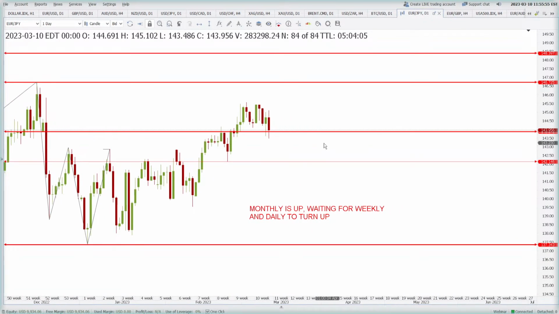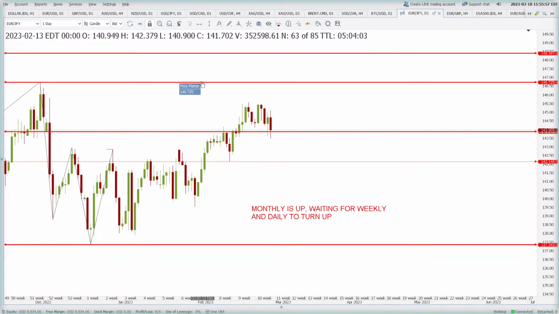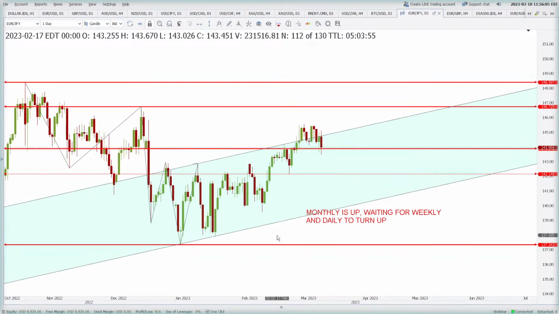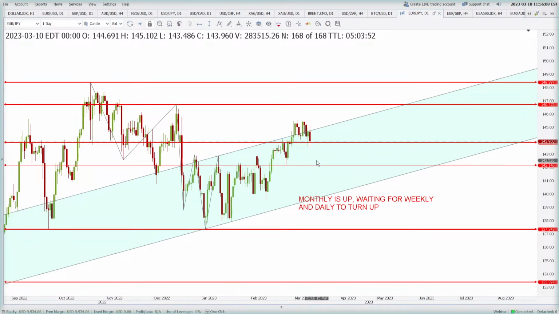So Euro JPY. I think I can create a channel here, from here, this, and then this. The price has entered inside the channel, but this channel has a long way to go. The price can actually go to 140, and in that process, it will break through this.